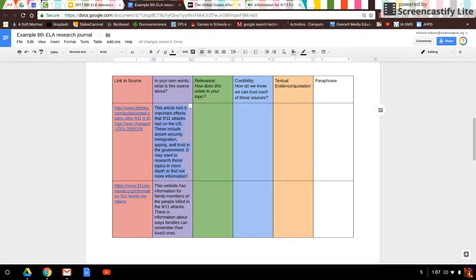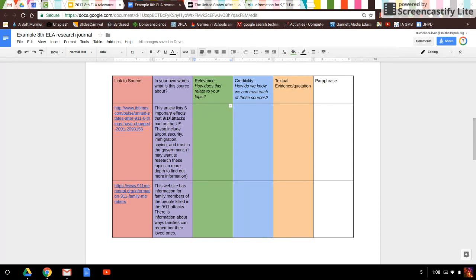And that was accurate to what I just read. So now I need to think about if this article actually answers my question. So if my question is about what the effects were of 9/11 and what's happened after 9/11, especially talking about security, those are the things I need to look for in my summary and in my article.